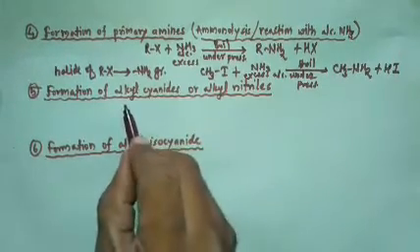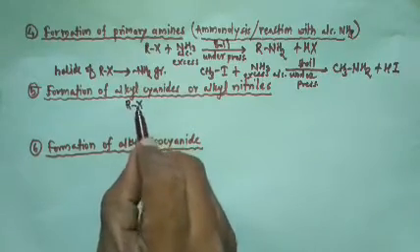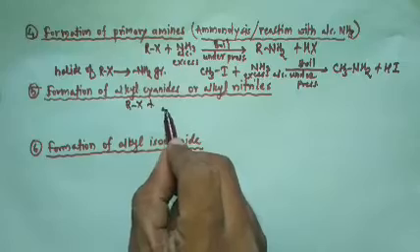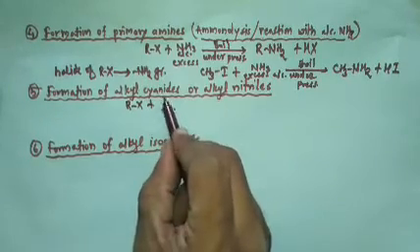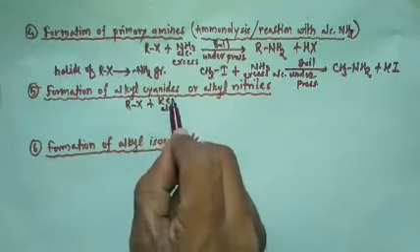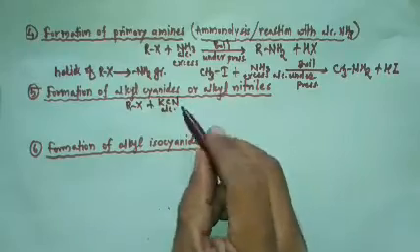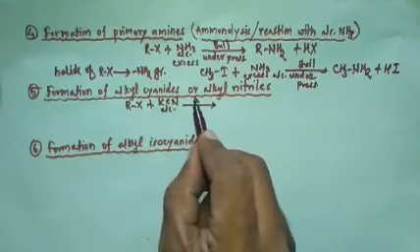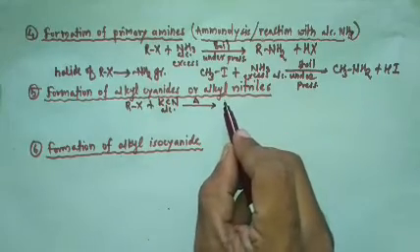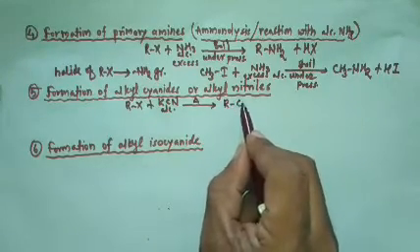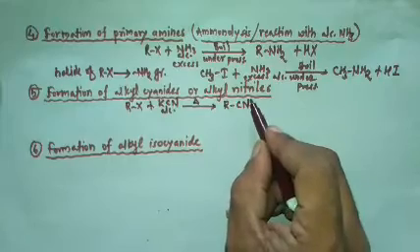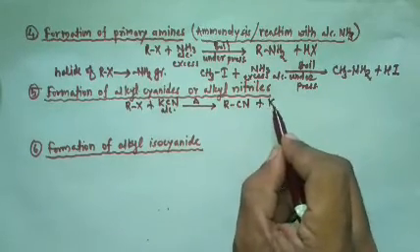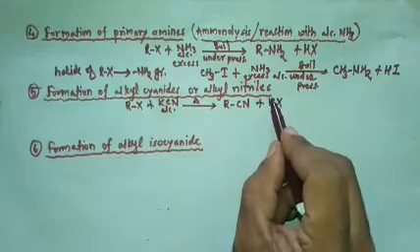So when alkyl halide is reacted with alcoholic potassium cyanide, and the reaction mixture is heated, then there will be the formation of alkyl cyanide, and the byproduct formed is potassium halide.